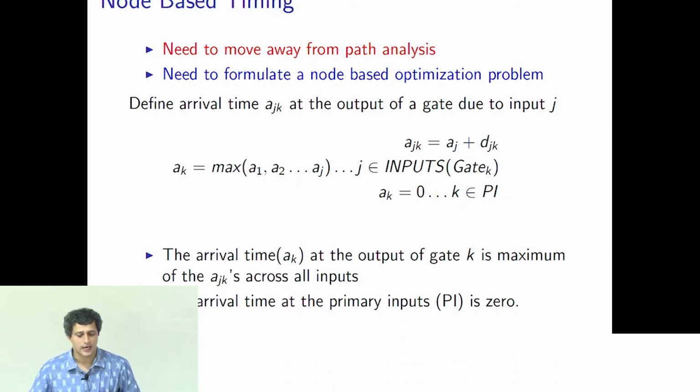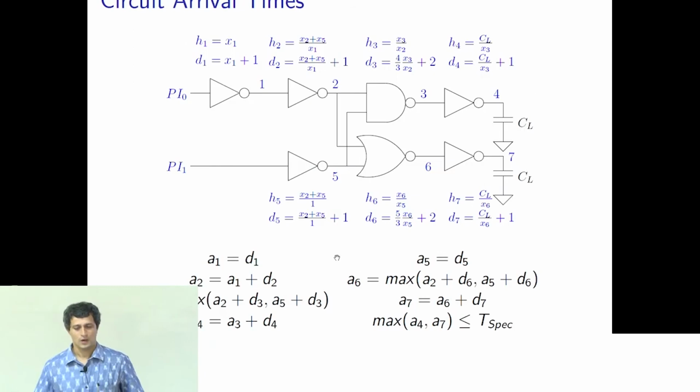So this we did. Arrival time at the kth output is basically max of arrival time of the input, and all that stuff, right? So let us assume that the capacitance on node 1 is xk, right? So let me just copy this.